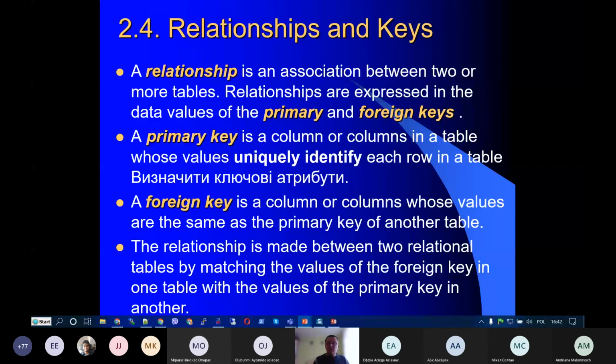So a passport number is a good example of a candidate key, but must never be used as a primary key.